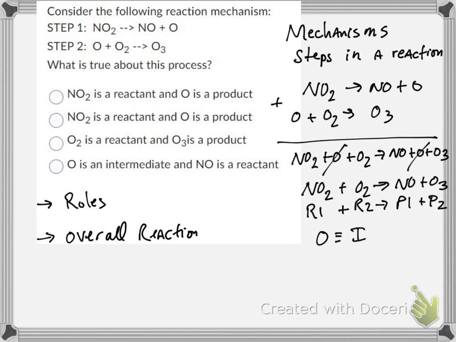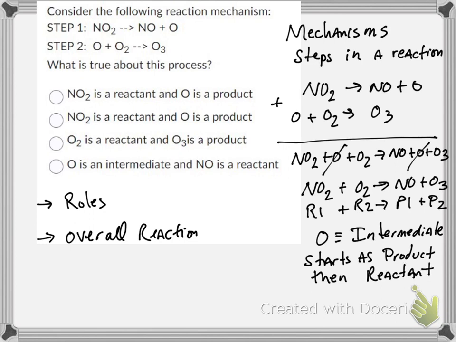That also helps us identify that O is an intermediate, whose characteristics are that they start as a product, meaning they're made usually in step 1, and then are a reactant in step 2. When you do the overall reaction, they're not present because they usually cancel on both sides.